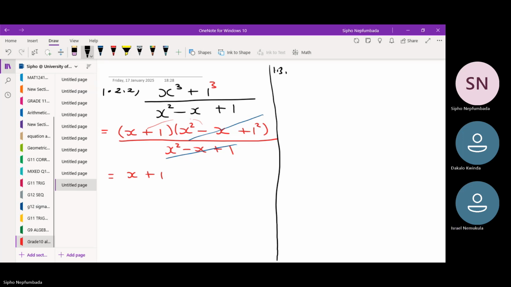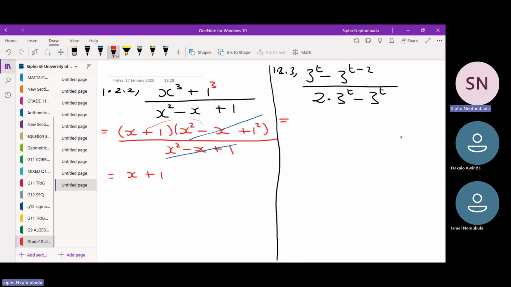Let's say we've got 3 to the exponent of t minus 3 to the exponent of t minus 2, divided by 2 multiplied by 3 to the exponent of t minus 3 to the exponent of t.